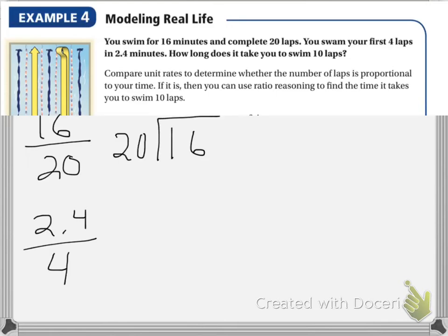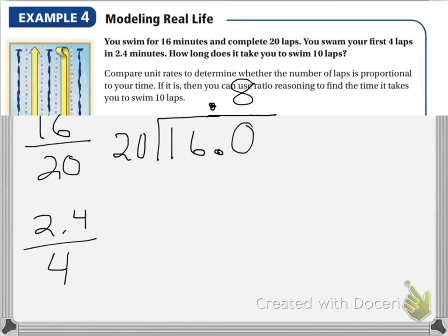So once again, you're going to use this as a division problem. And we can see that you can't pull any 20s out of 16. So I'm going to add my decimal here, bring it straight up, and add a 0. And I know that I can pull 8 20s out of 160. So what that tells me is that each lap was 0.8 of a minute.